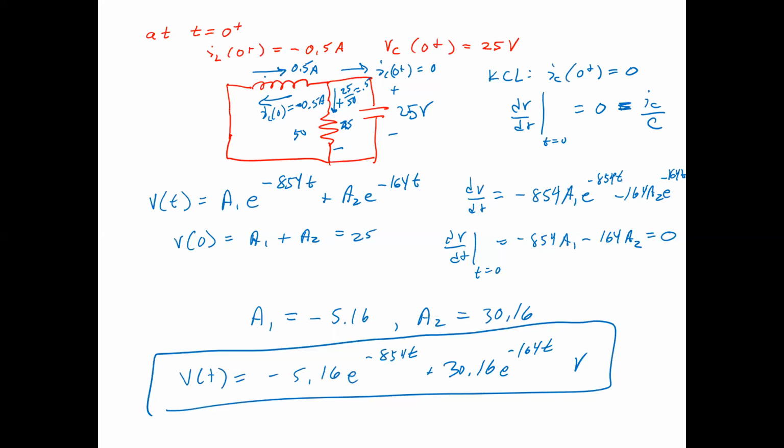You can see that the initial value is going to be 25, right? Because when e is 0, 30.16 minus 5.16 is going to be 25. So the initial voltage is correct. And we can see if the slope is really 0.